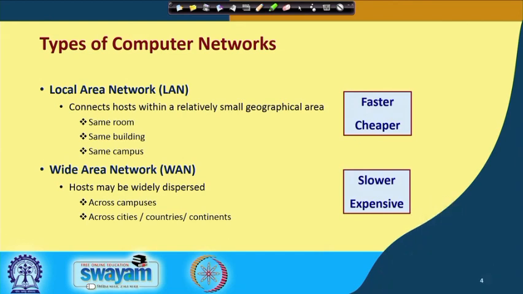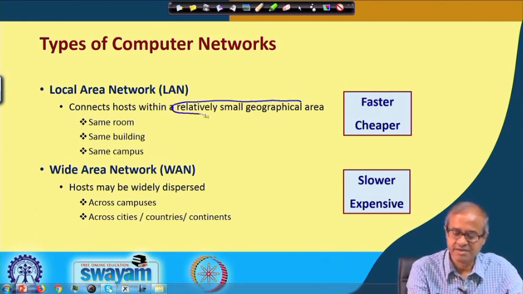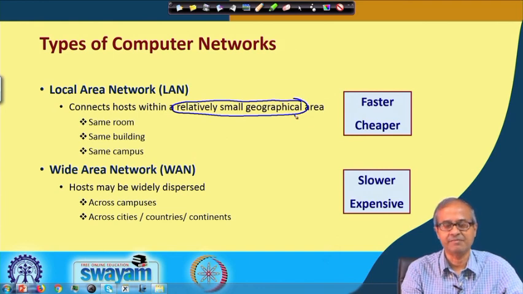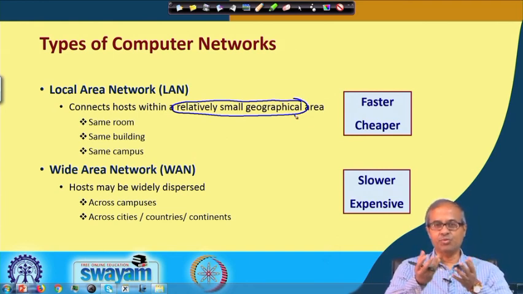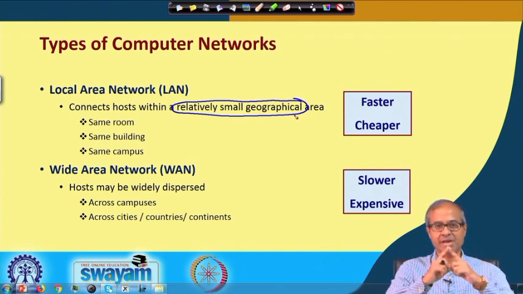Now, essentially local area networks, as the name implies, are used to connect hosts which are separated by a relatively small geographical area. Now, this relatively small is really a relative term. It can be in the same room, in the same building, or maybe within the same campus.